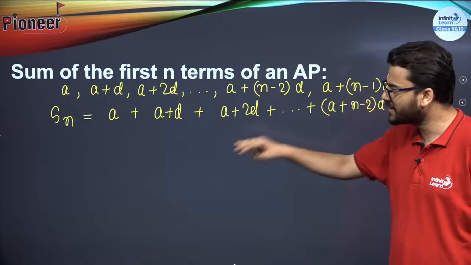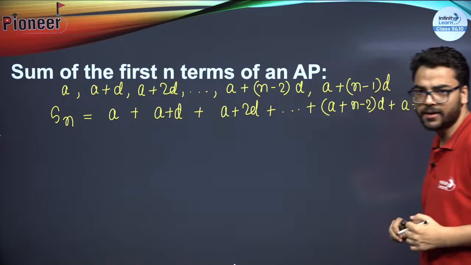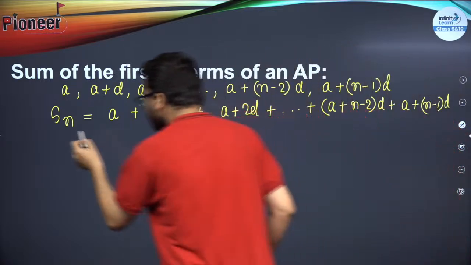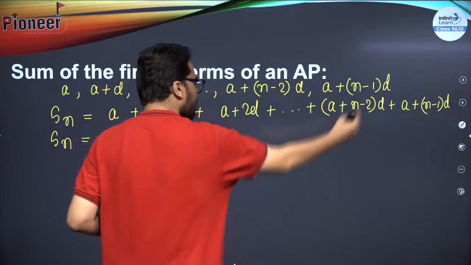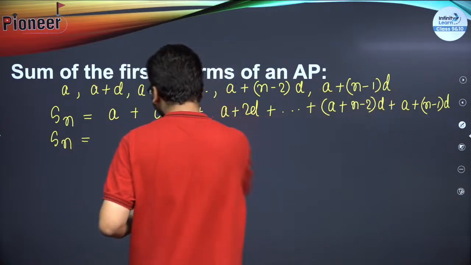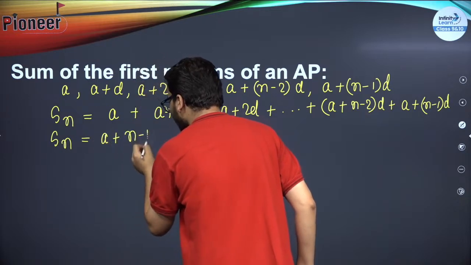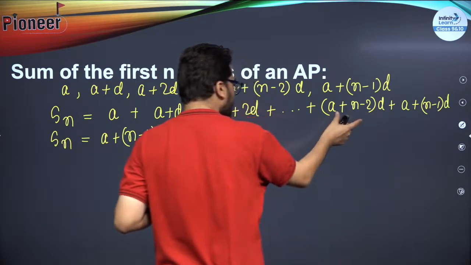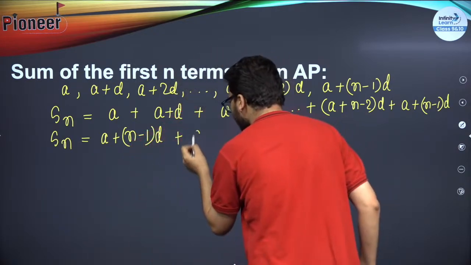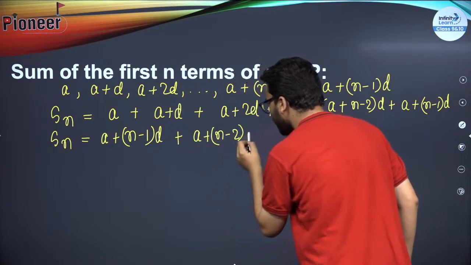I can write it like this, guys. Now, can I write the AP in the reversed order? Tell me. And that will also be the sum or not? Do you agree with me? I can write the AP in the reversed order. I can take the last term first. So can I write it over here like this: a plus n minus 1 into d, correct? Plus a plus n minus 2 into d, correct?